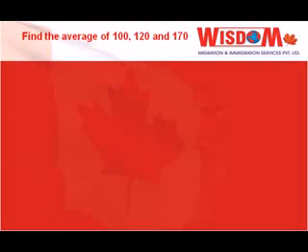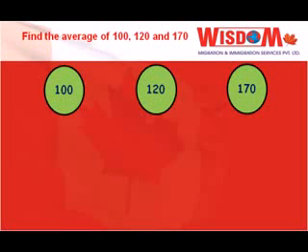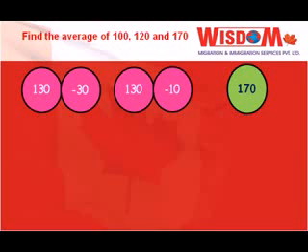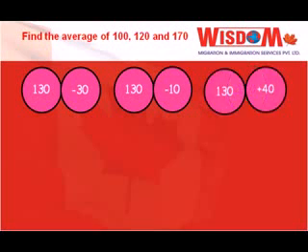So we have these 3 numbers again, and I'm assuming 130 to be the average. Now 130 gives a deviation of negative 30 from 100. Now 130 gives a deviation of negative 10 from 120. From 170 it would give a deviation of 170 minus 130, that is a positive 40.